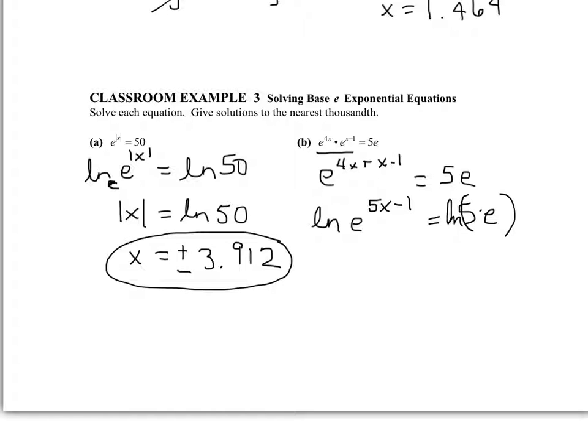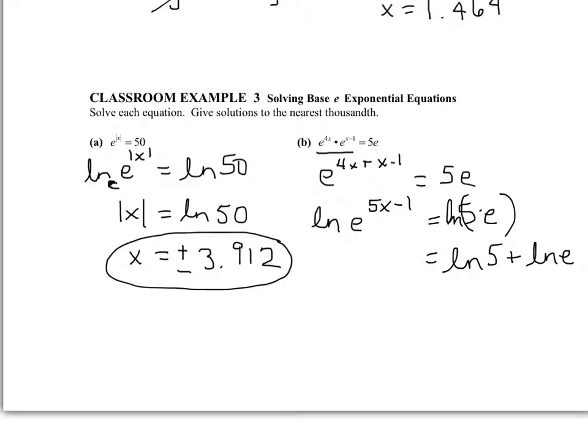I'm going to have to use that product rule that we learned with logarithms and separate that into the natural log of 5 plus the natural log of e. I really can't do anything with it if I leave it as the natural log of 5 times e. I've got to separate it out to evaluate.